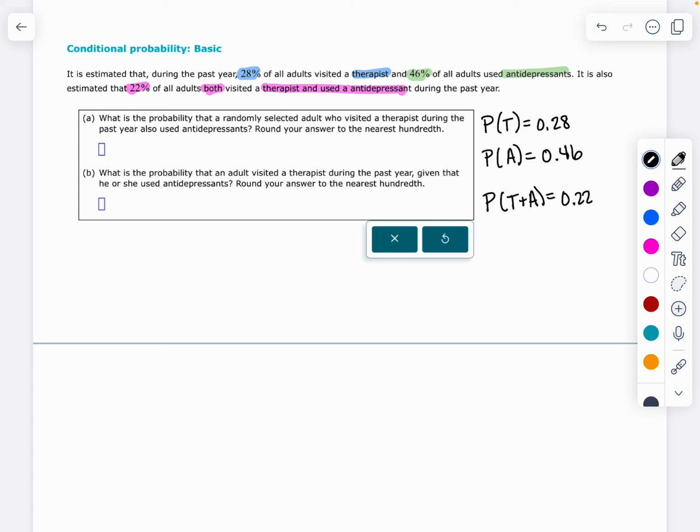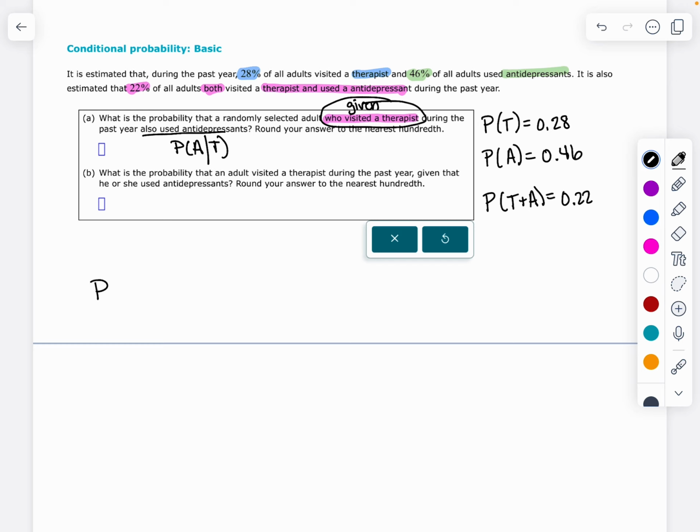What's the probability that a randomly selected adult who visited a therapist, who visited a therapist, that's a given, also used antidepressants? What's the probability that they used antidepressants given that they went to a therapist? Because we know they went to the therapist.